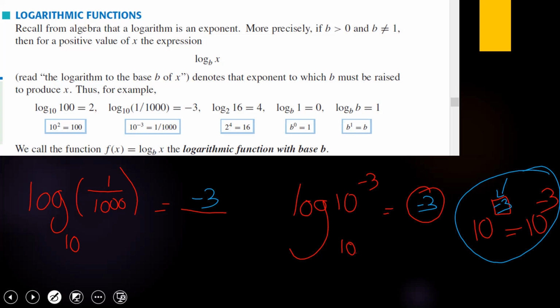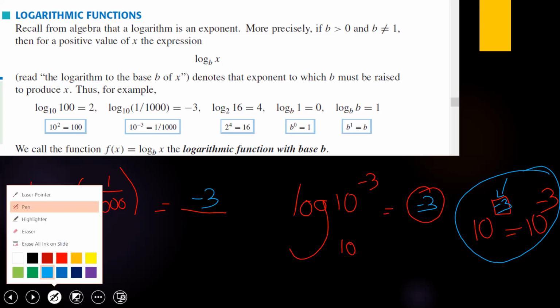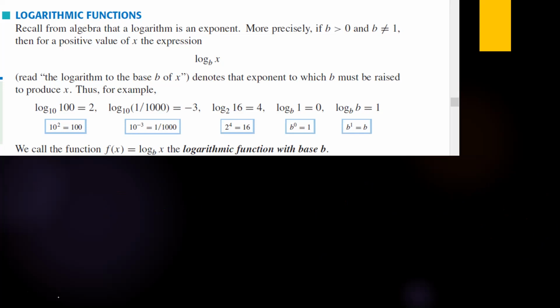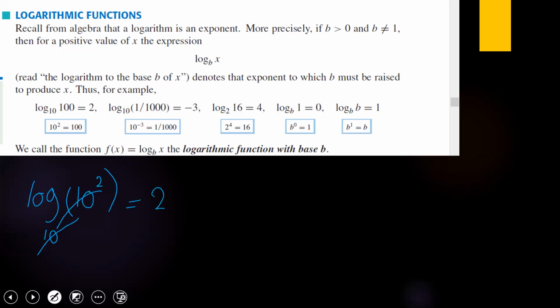Is it clear? Yes, teacher. So in an easier way, you can write it as logarithm to the base 10 of 100, and since 100 is 10 squared, the 10 cancels the 10, so it is 2.